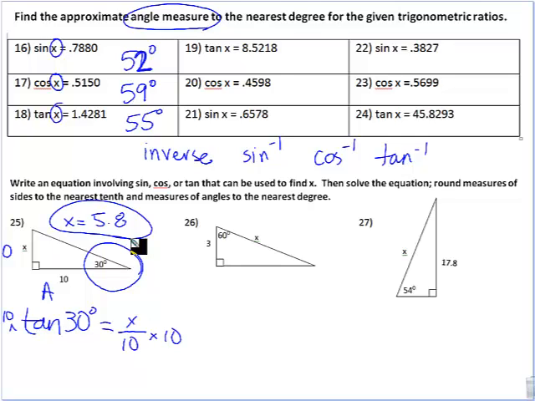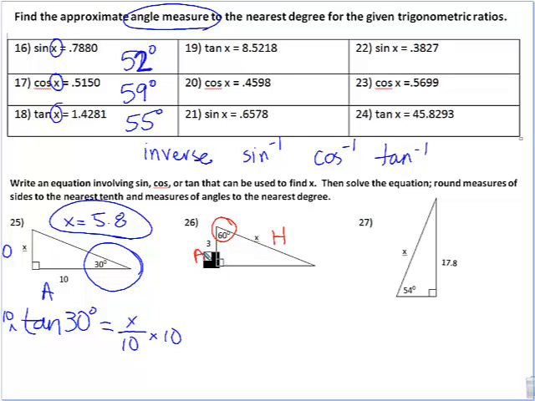So what's the angle measure that we know? Okay, so we know 60. And so there's our 60 degrees. Now in relationship to that 60 degrees, what sides do we have? Hypotenuse and adjacent. Which one's the hypotenuse? x is the hypotenuse and 3 is the adjacent.